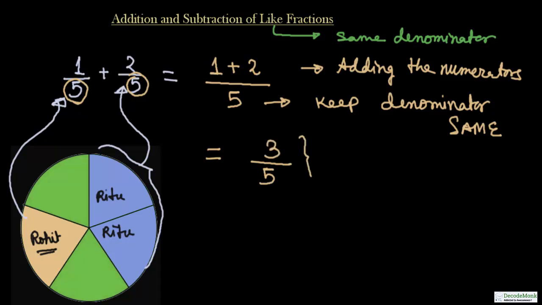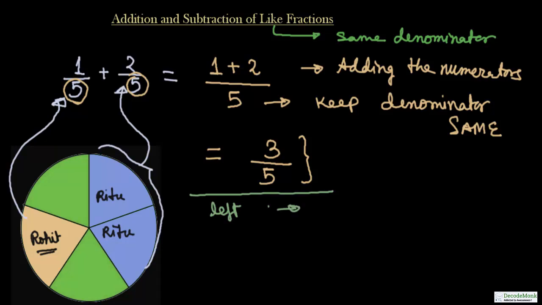So you see that this is the part of the cake enjoyed by your friends Rohit and Ritu. So we have arrived at the answer both pictorially by drawing a picture and also mathematically by solving this equation. Now if you are asked, you are left with what portion of the cake?